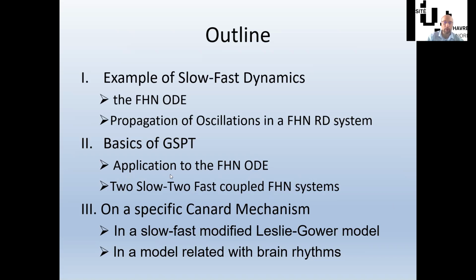Finally, I will show you a canard mechanism which appears in two different models. One is the Leslie-Gower type, so it's a prey-predator model, while the other one is related to brain rhythms. All right.